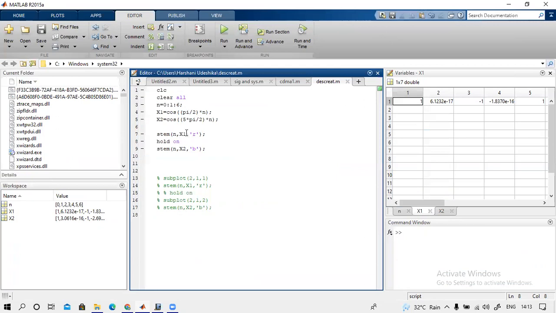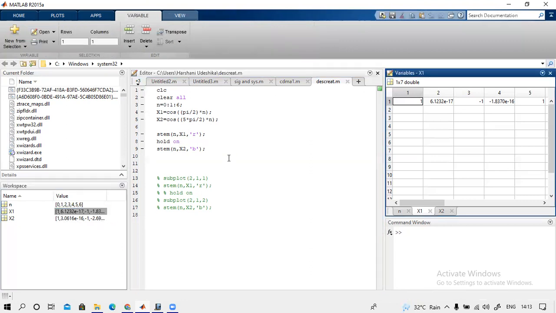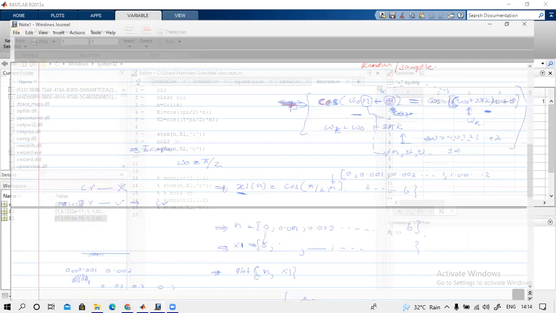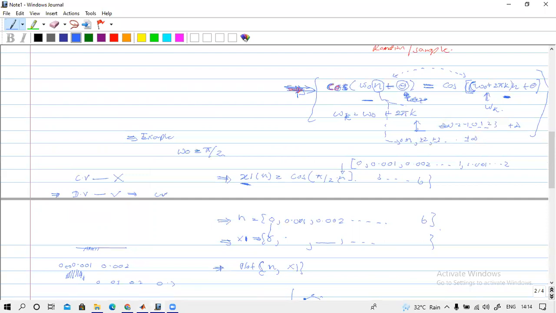Here I draw x1 and x2, and this should be the same value. What happened here? 1, 2, 3. Here I have 1, here you have 3. This is the condition, no? 2πK, correct? Plus 2πK, so I will get K as 1.